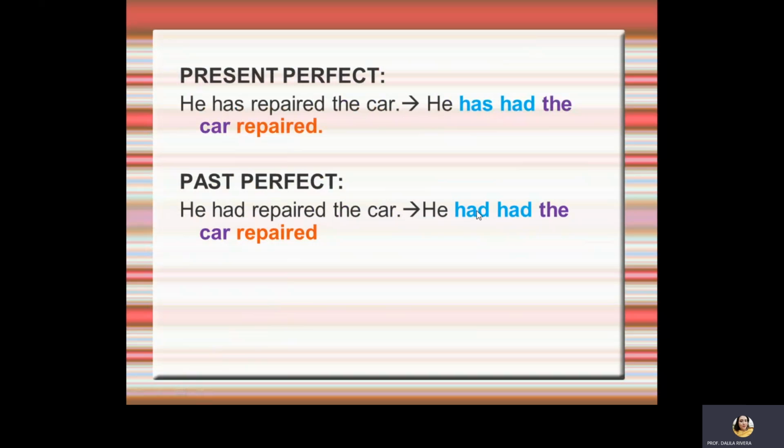Notice that you all the time need to add the complete structure, have something done. Your main verb is in past participle, so you add have, in this case in past participle, which is had. Then something, that is the car, and then the verb in past participle, which is repaired.